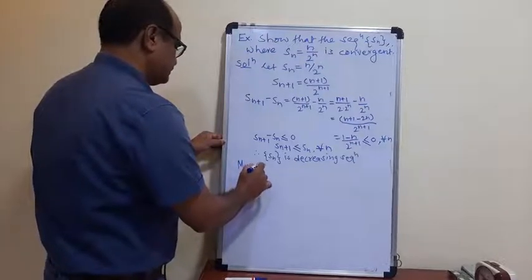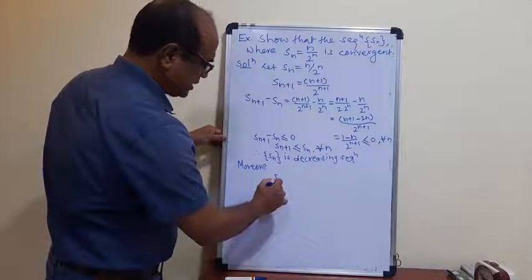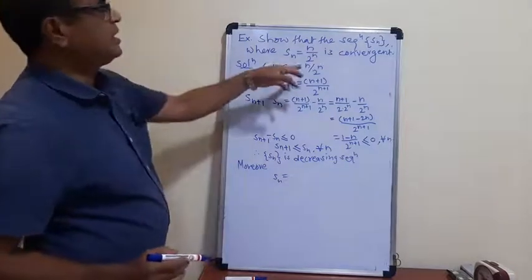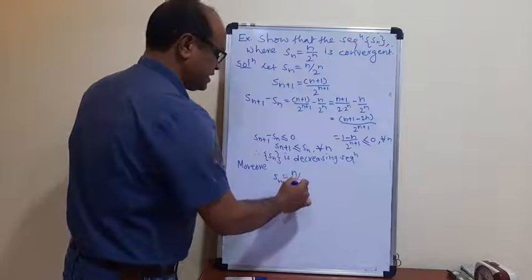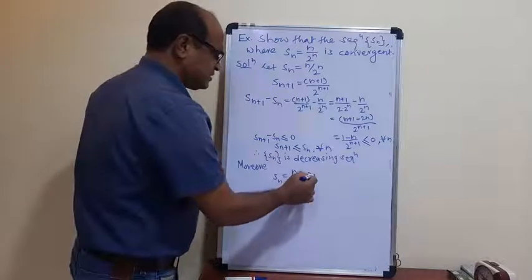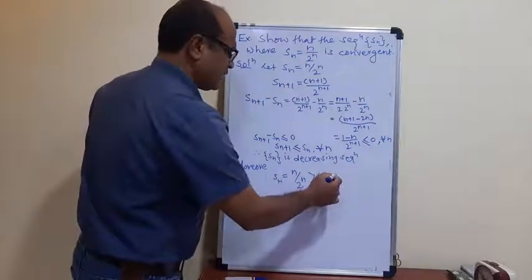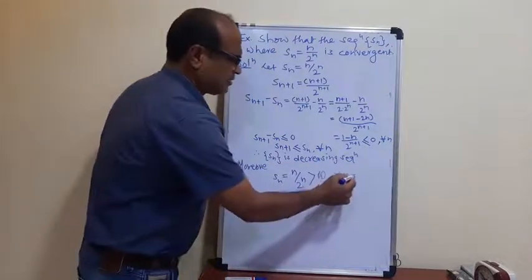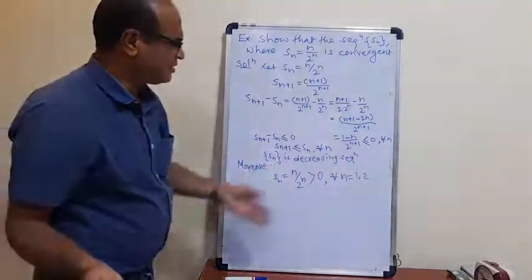Moreover, Sn is equal to n upon 2 raised to n. This is always greater than 0, no doubt. Why? For all n, put n is equal to 1, and we get a positive value greater than 0.